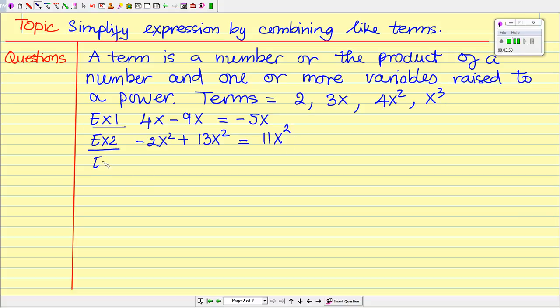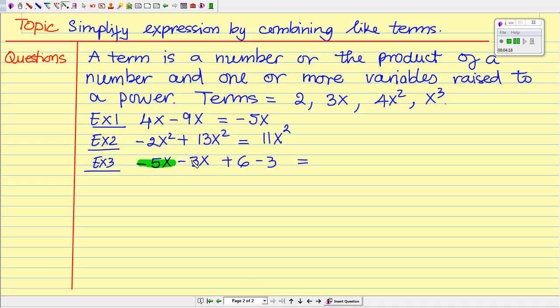Let's move on to example 3. Now you have negative 5x minus 3x plus 6 minus 3. So in this expression, let me use a different color.